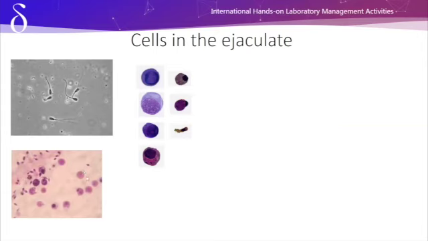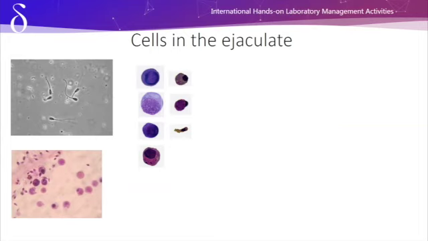As I said, apoptotic bodies are also present here, which are easily recognized after staining in May-Grünwald, like here, because they don't have a nucleus. What are apoptotic bodies? Apoptotic bodies are the product of an apoptotic process. As I said before, in the testis, there is a very efficient apoptotic program, which, however, is not completed.